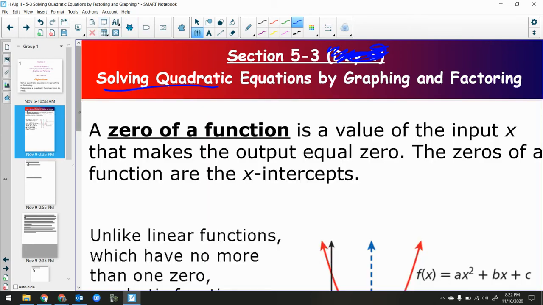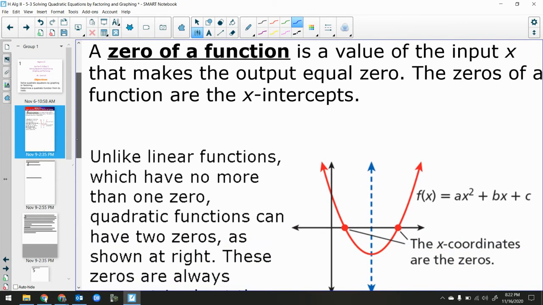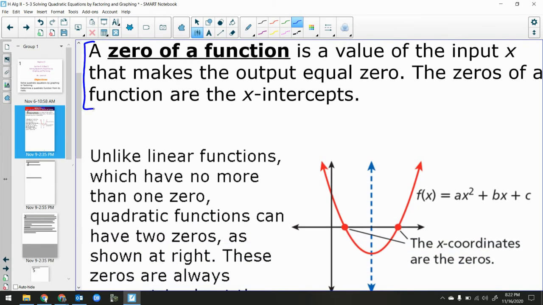Okay, and the solution to a quadratic equation is really the zero of a function. Now, the term zero of a function is one that could be applied not just to quadratics, but to all different types of functions, to linears, to quadratics, to cubics, to quartics, to logarithmic, to rational. The zero of any function is a value of the input x that makes the output equal to 0.